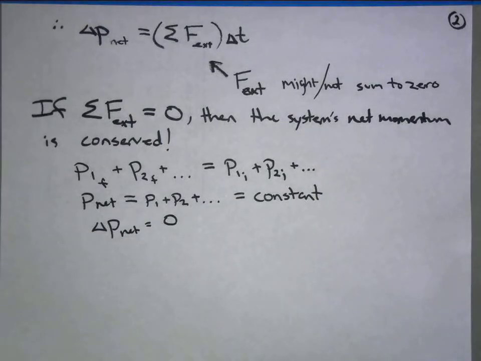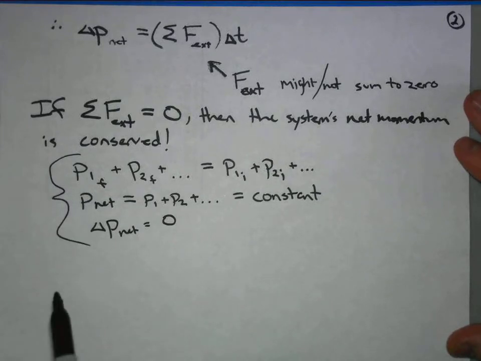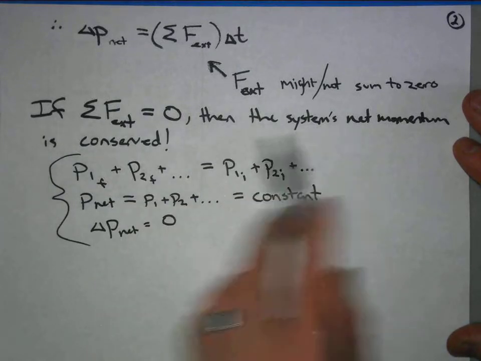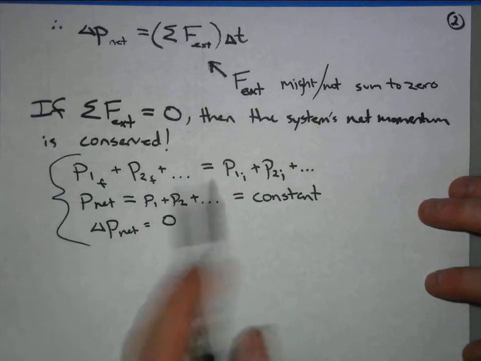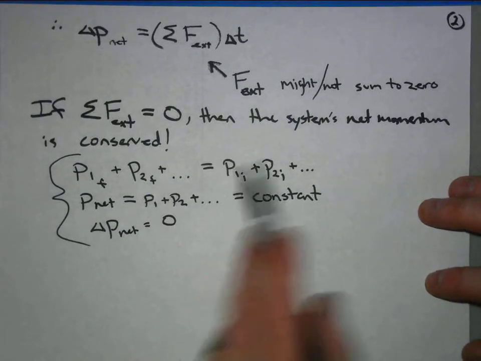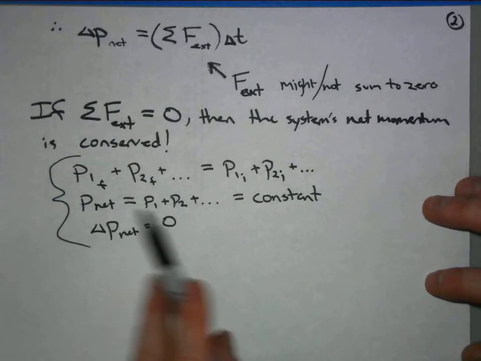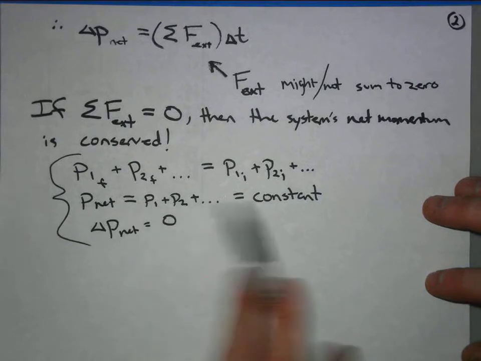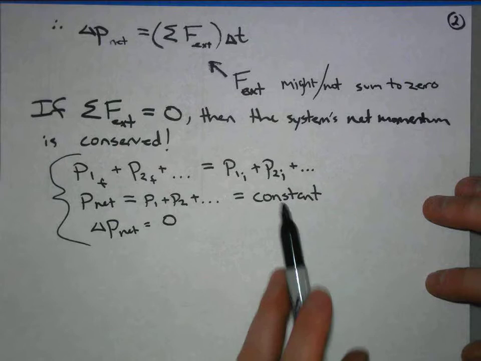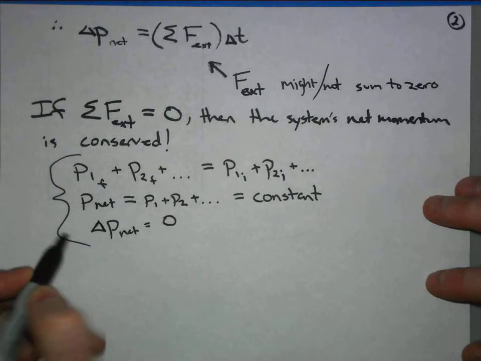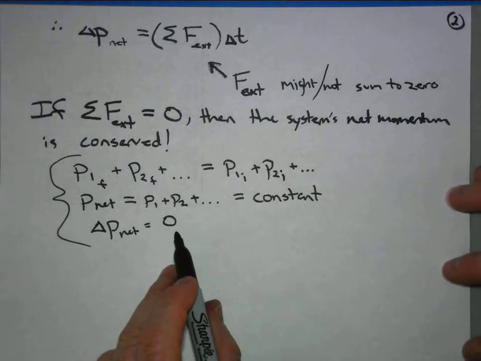These are three ways of expressing the same idea, the idea expressed in the sentence. You could say, I'm going to add up everything after an event, and it should equal everything before the event. I'm going to look at the total momentum of the system by adding up all the parts, and that total would be a constant value before and after the event. I could instead talk about the amount of change in momentum of our system, and there will be no change in the momentum of our system.